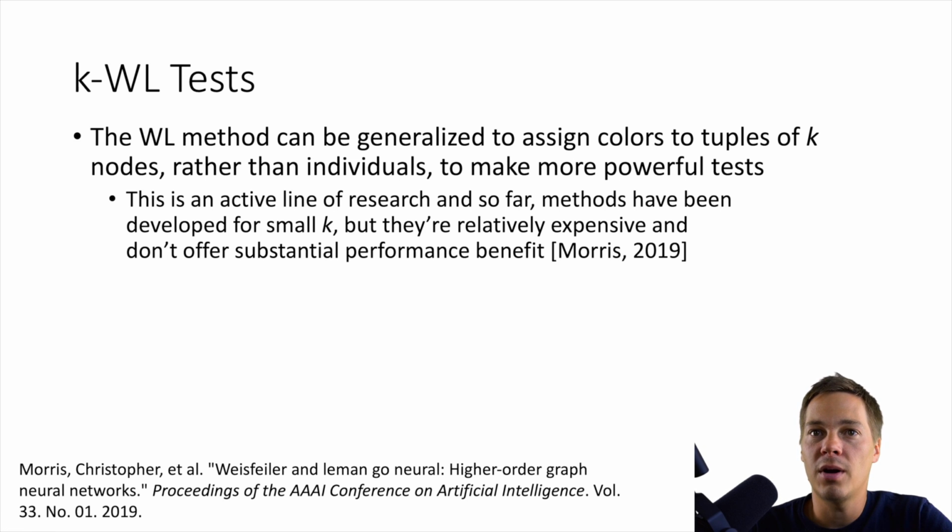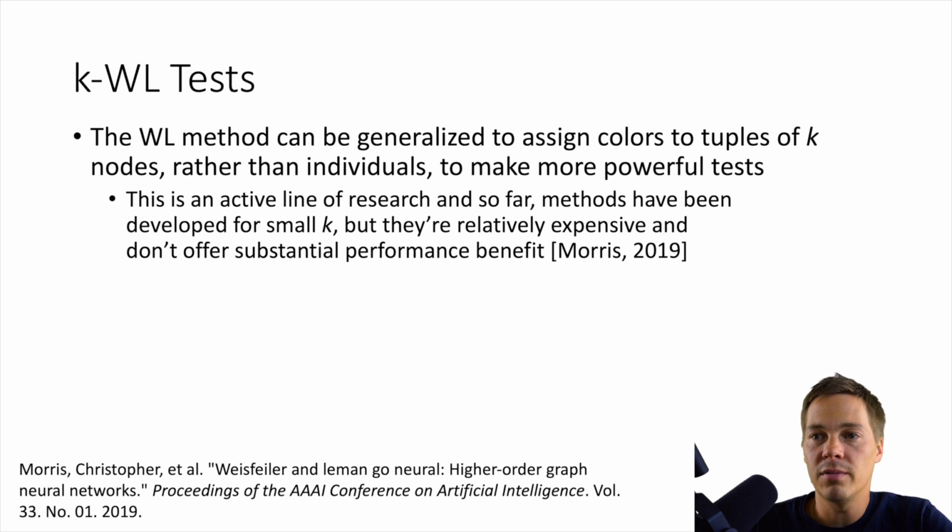There are higher order WL tests that generalize the method for assigning colors to tuples of nodes. So you can consider, for example, triplets of nodes, and that can help you identify triangles and make more powerful tests. This is an active line of research for how to recreate this with GNNs.